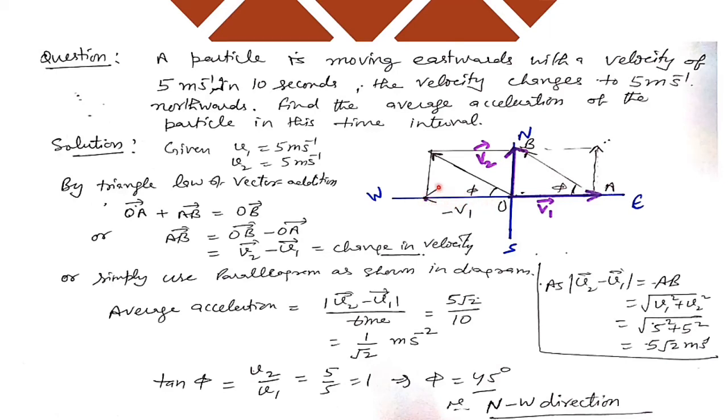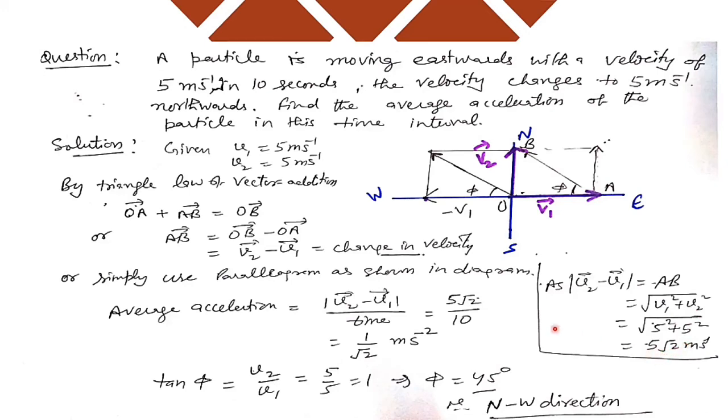Now this is one vector, and this is v2 in the north direction. I have to find the resultant of v2 and minus v1 by using the parallelogram law of vectors. I can find it, because you can see the angle between v2 and minus v1 is 90 degrees. So it will be simply the square root of v1 square plus v2 square. So I am getting 5 root 2.